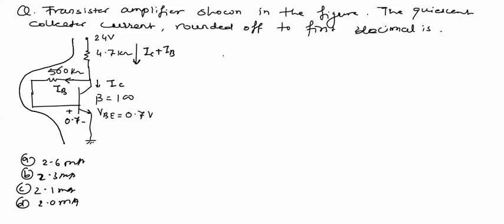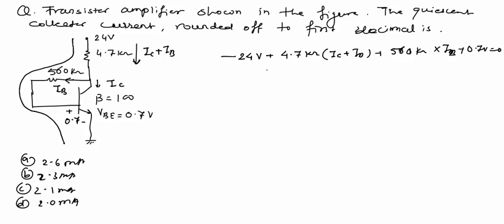Now when we apply KVL, we get the equation: minus 24 volt plus 4.7 kilo ohms into IC plus IB plus 560 kilo ohms into IB plus 0.7 volt equals 0.